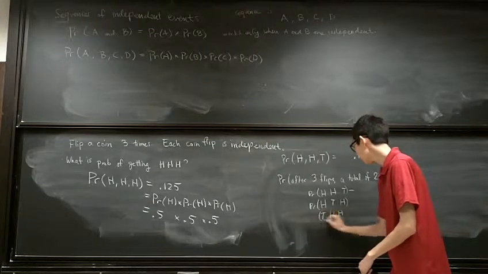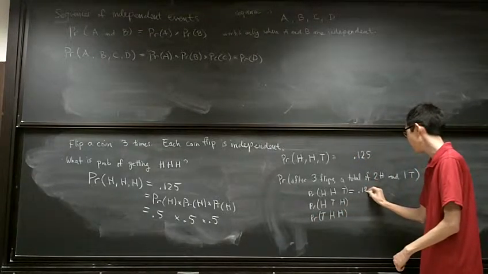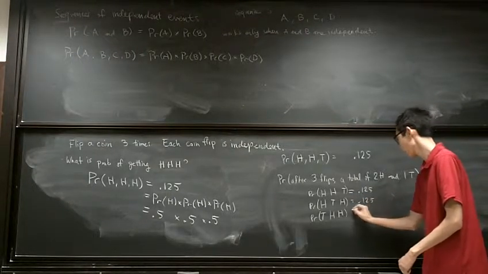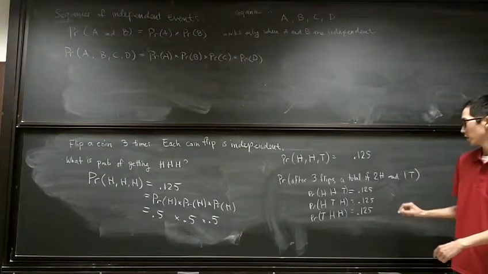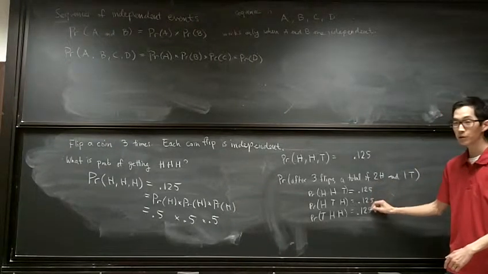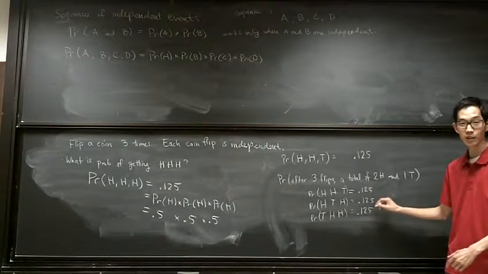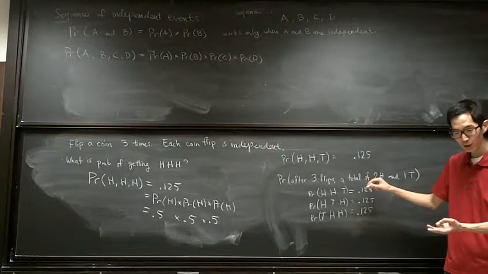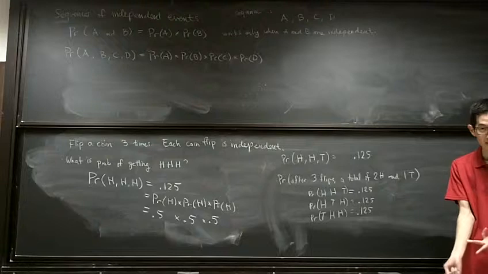All right, what's the probability of this one? Each of these has the same probability of 0.125, right? Each of these sequences is mutually exclusive from the others. If my 3 flips are heads, heads, tails, I couldn't at the same time have gone tails, heads, heads.